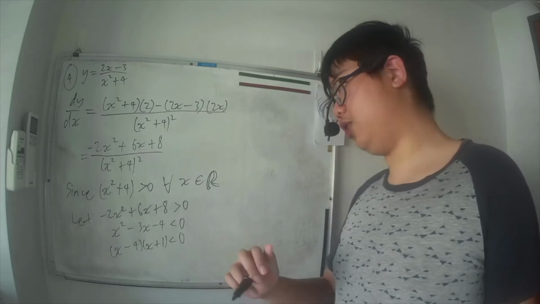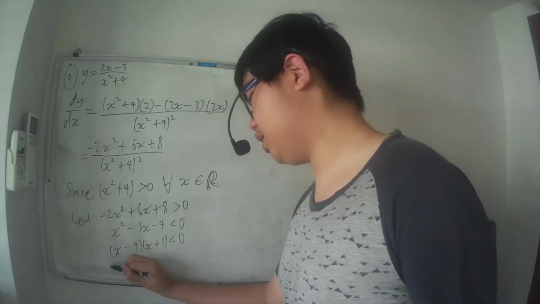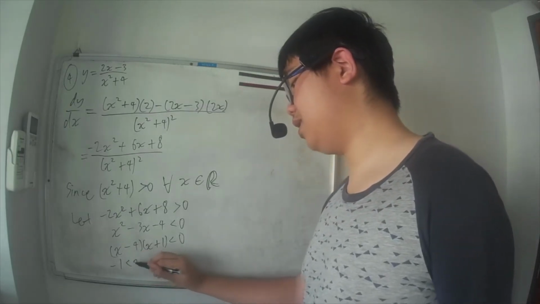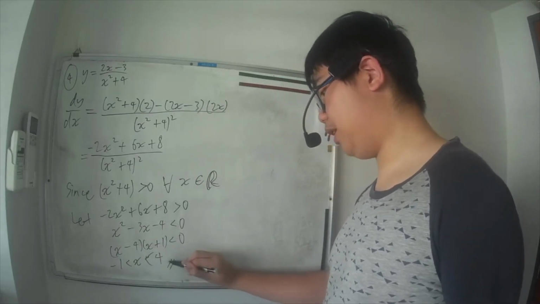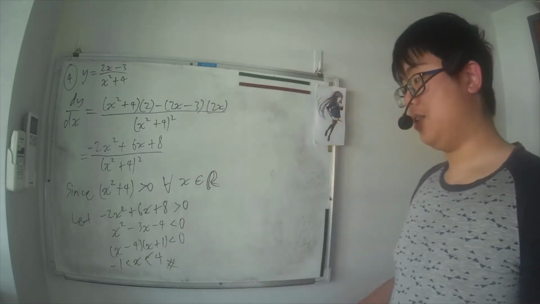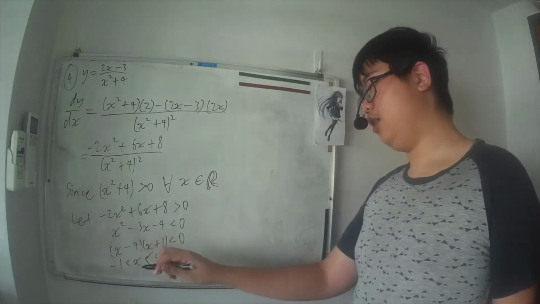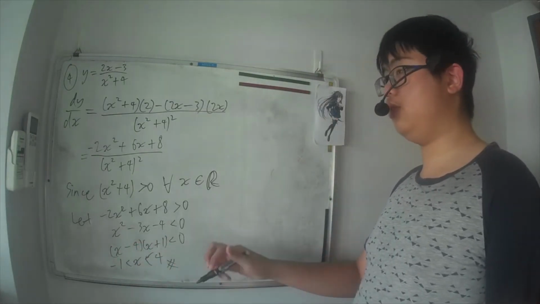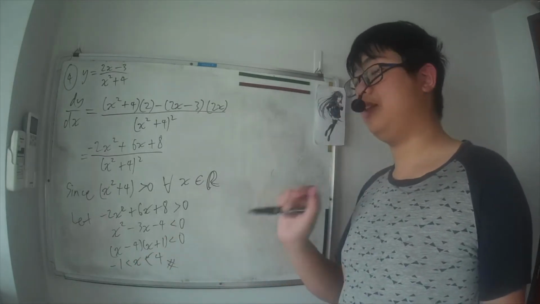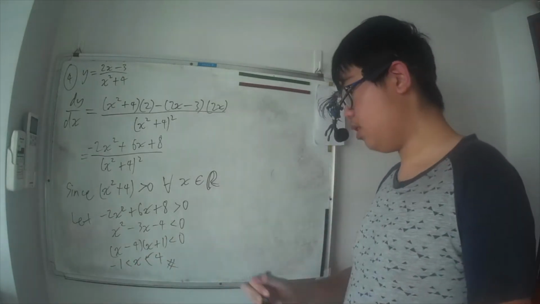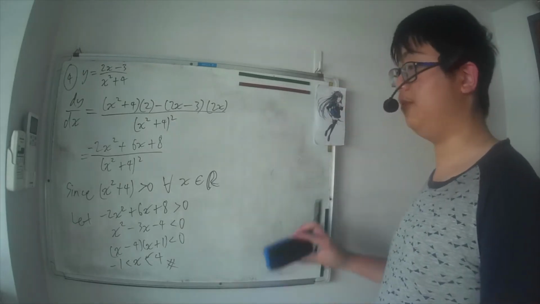It does not go to infinity. So this is just going to be minus 1 less than x less than 4. And that is your answer. I'm not sure if Cambridge still accepts set notation, but you can still put your negative 1 for the bracket thing if you still use your set notation.